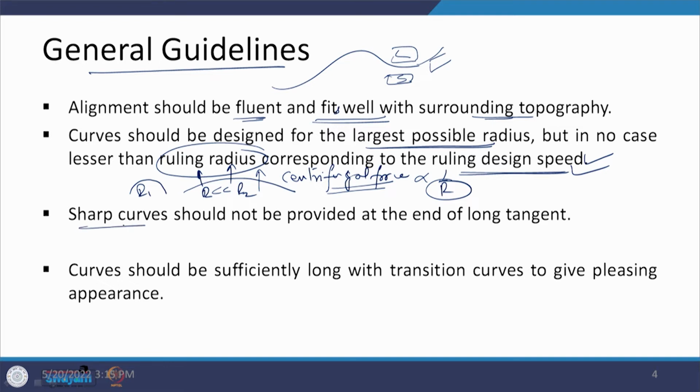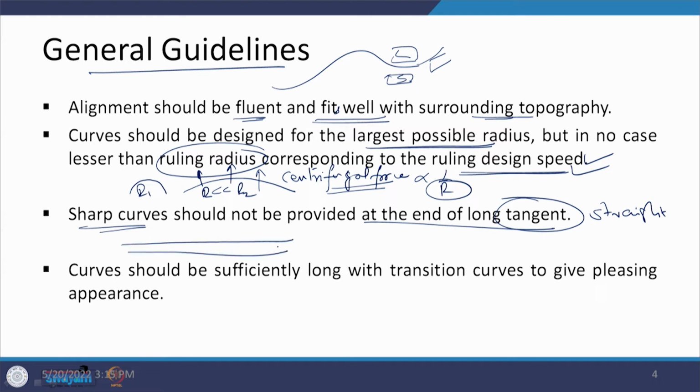So, this is another aspect to be taken. Then the sharp curves should not be provided at the end of a long tangent. When we say long tangent, as I already said, we are talking basically about a straight section. So, you have a road which is going like this, quite straight in nature, and all of a sudden you provide a curve, which is quite sharp.